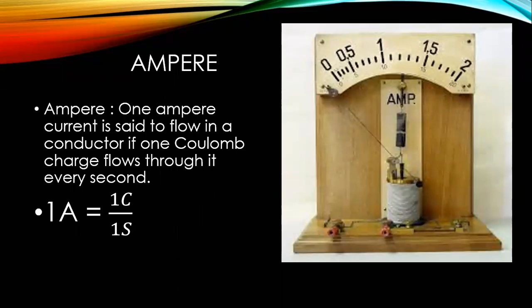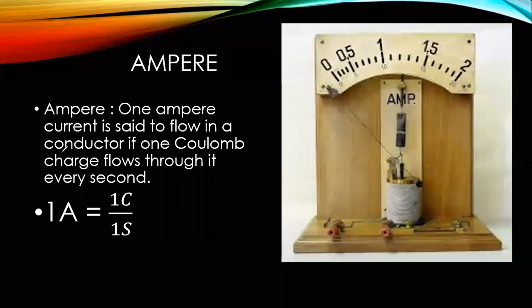Ampere is the unit of electric current. A current of 1 ampere is said to flow in a conductor if 1 coulomb of charge flows through it every second. So 1 ampere equals 1 C upon 1 s.